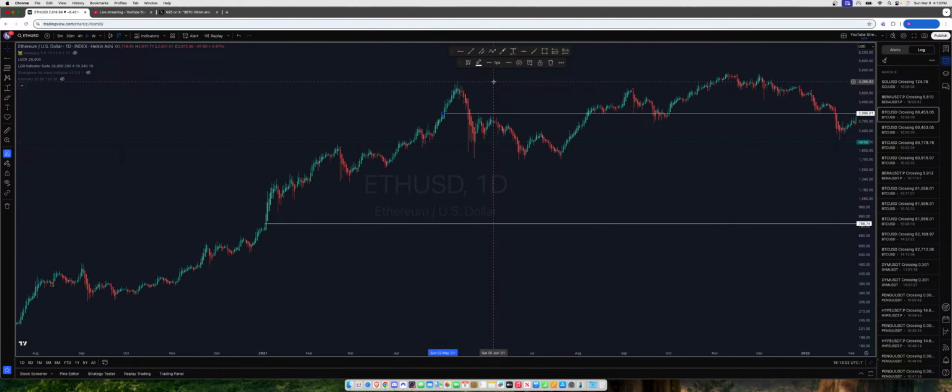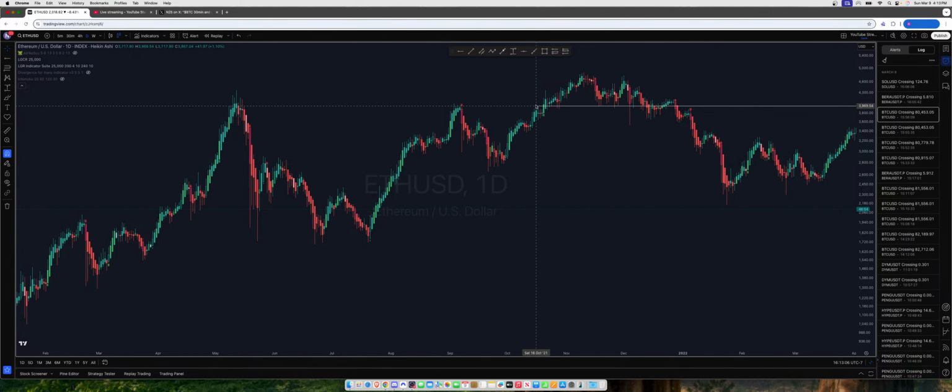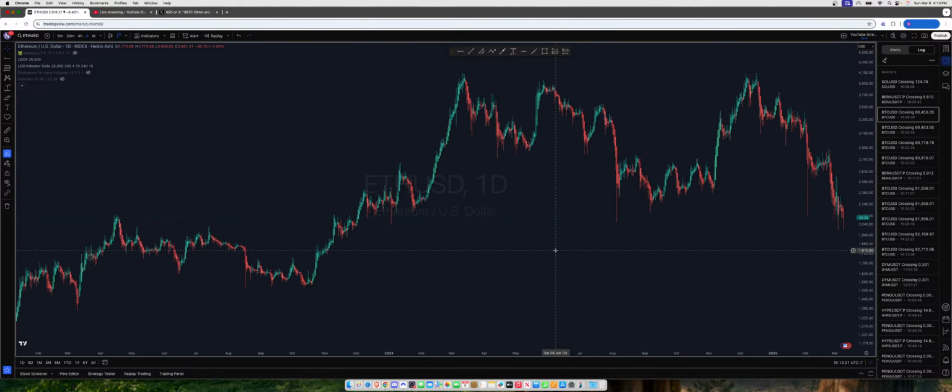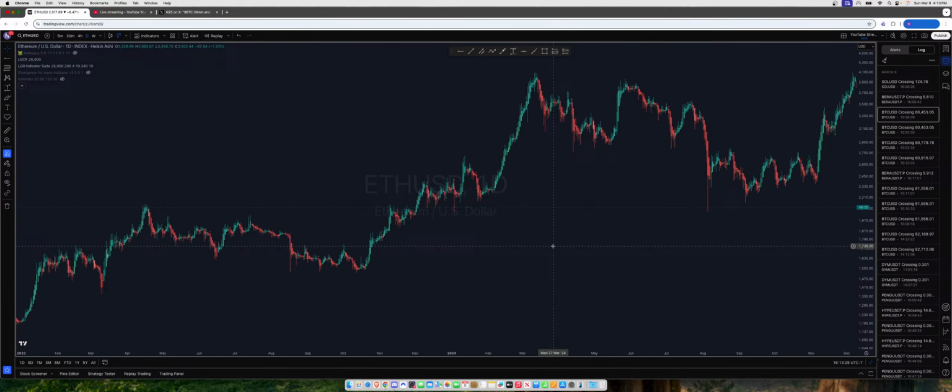Nope, hold on. We have a new one here too. No, we don't really have any, to be honest. Anyways, I'll just leave that marked there. But this is what we actually care about right here for Ethereum.